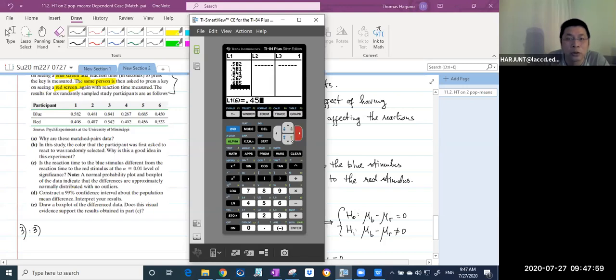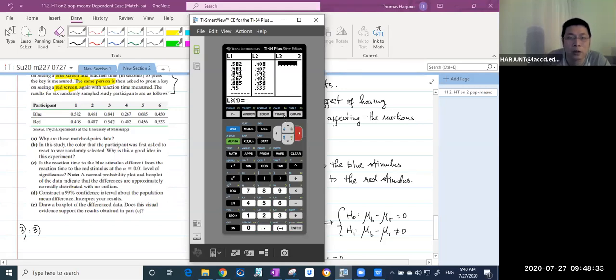Let's go to list 2. 0.408, 0.407, 0.542, 0.402, 0.456, 0.582.